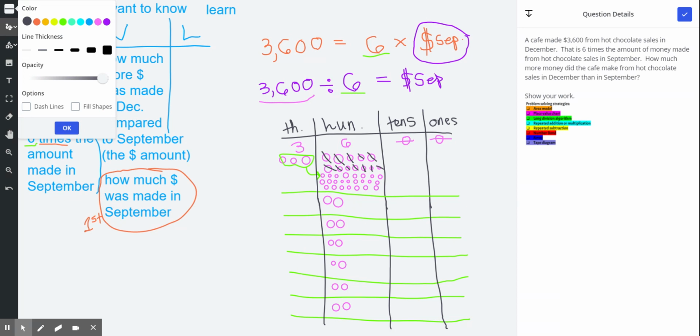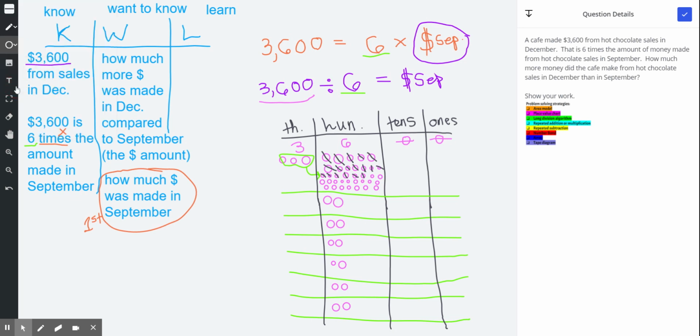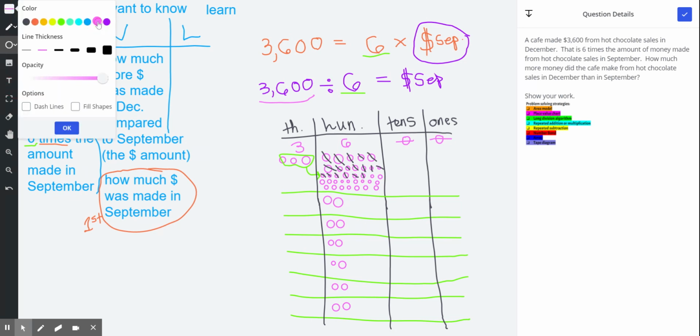So another 6, 1, 2, 3, 4, 5, 6. All right, then I can do my 6 circles.